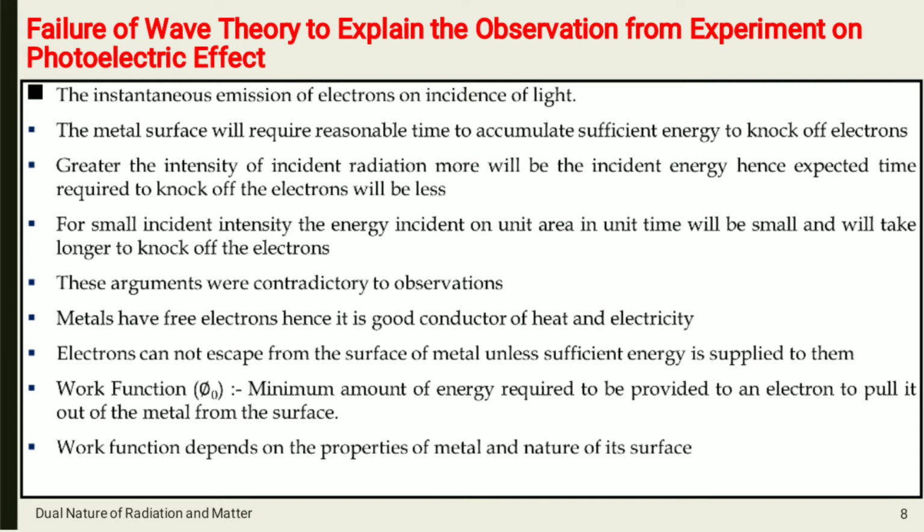Second point is the thinking: this will happen, but it did not happen. What is happening? When light is incident, at that time electrons are coming out from the metal surface. Greater the intensity of incident radiation, more will be the incident energy. Hence the expected time required to knock off the electron will be less.